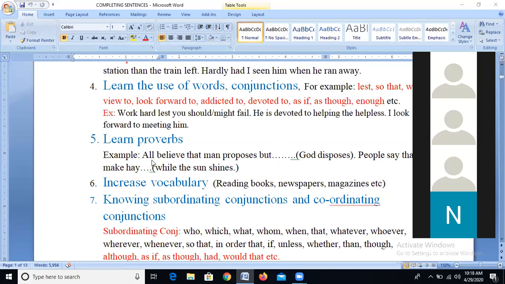For example, all believe that man proposes. If you write some other groups of words, or another bunch of words that does not go with it, then you may not get it.